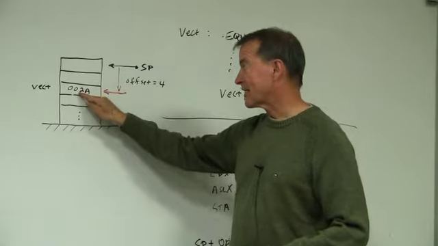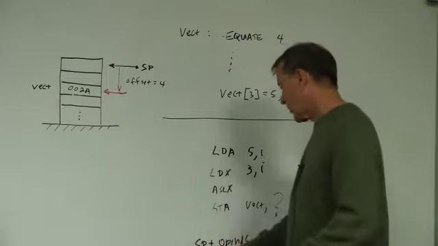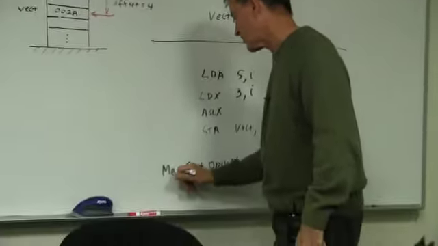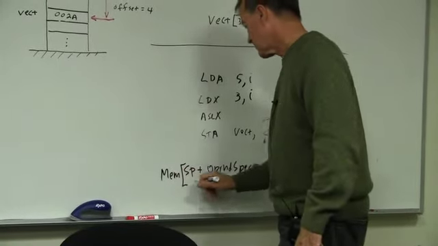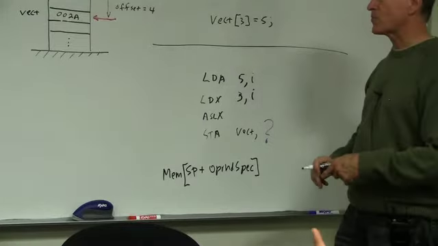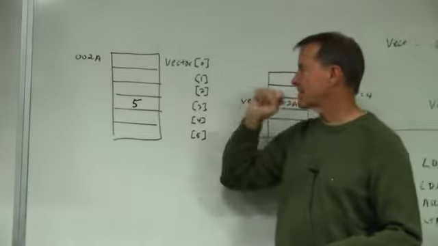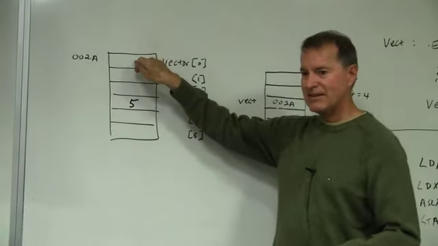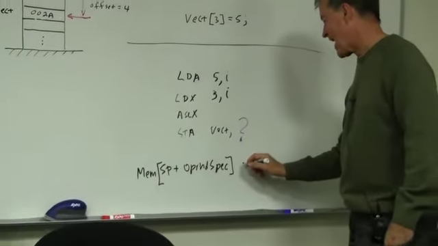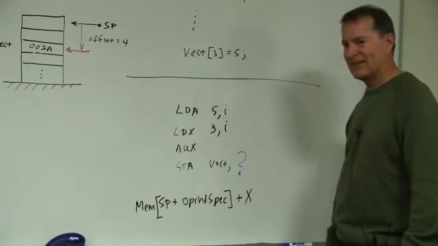That is an address. And if we look over here, it's mem sub SP plus operand specifier. Now what is that? That is 002A, which is the address of the first byte of vector, right? So what do we have to add to that? We have to add the index register to that.